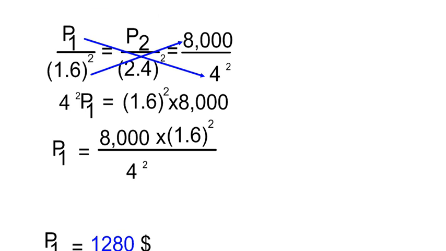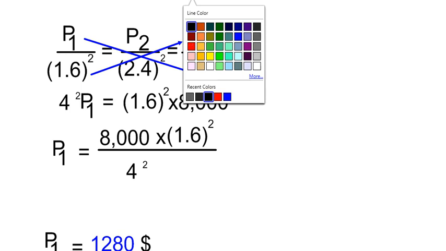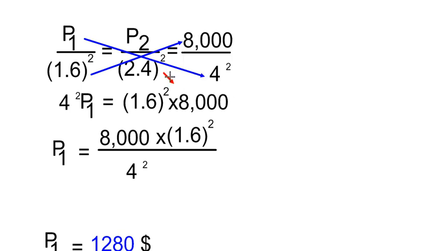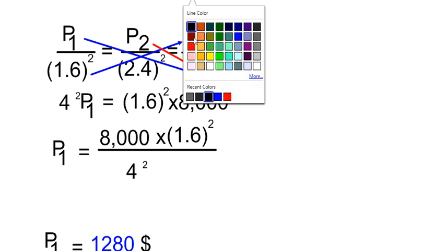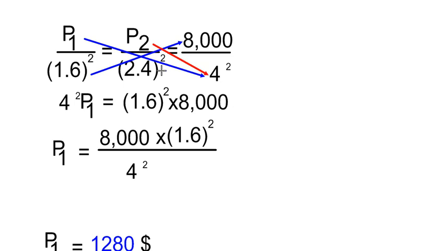With this proportion, we can find P2 multiplied by 4 squared equal to 2.4 squared multiplied by 8,000.